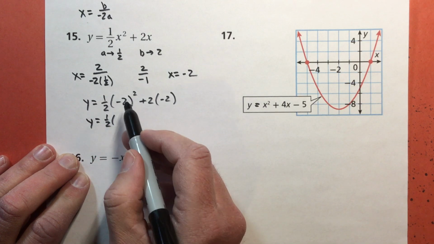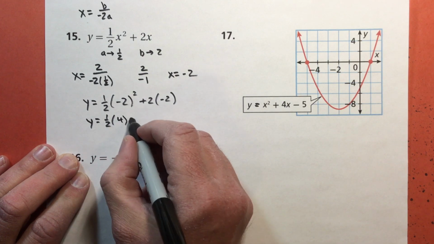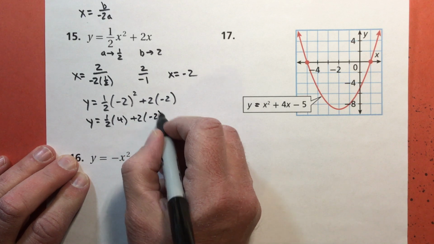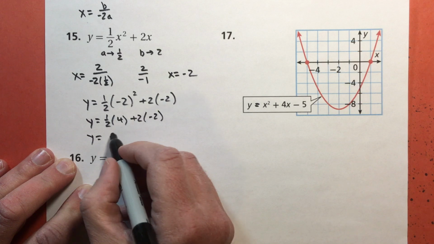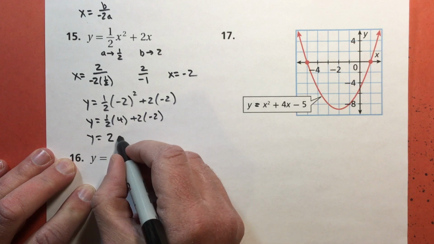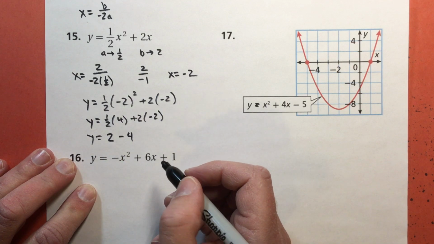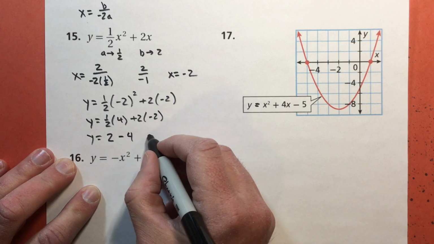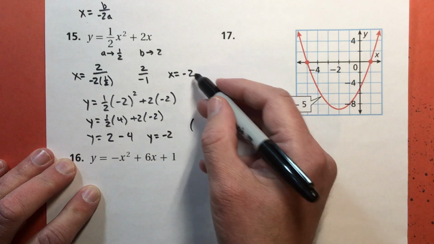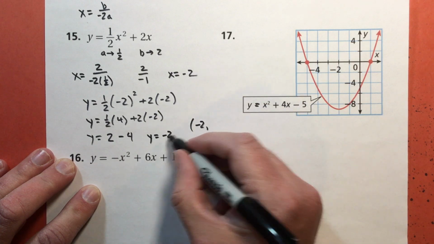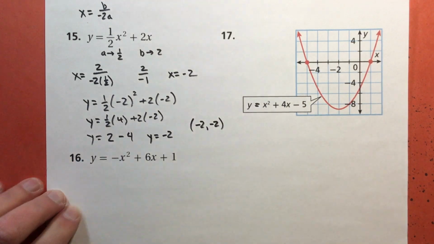Negative 2 squared is positive 4. And 1/2 times 4 is 2, and 2 times negative 2 is negative 4. So my y is going to be, I'll put it right here, negative 2. That means my vertex is negative 2 for the x, and it also happens to be negative 2 for the y.